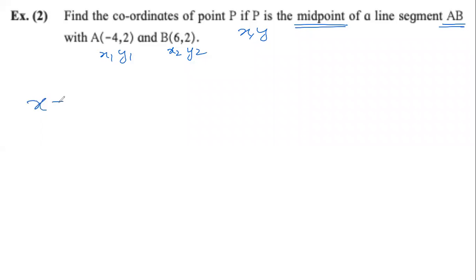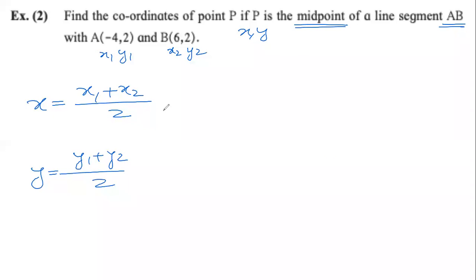We know x can be found by the formula x equals x1 plus x2 by 2. y can be found with the formula y1 plus y2 by 2. Tell me what is x1? -4. -4 is correct. What is x2? 6.